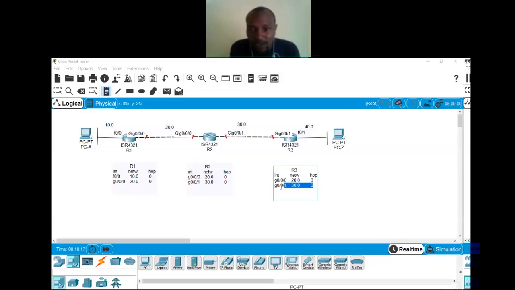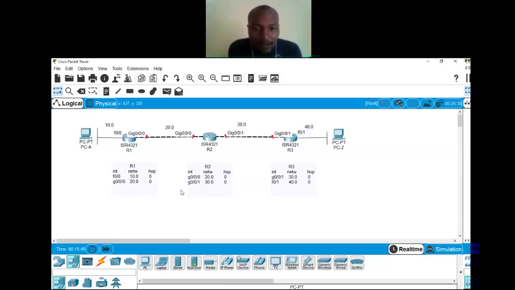The first information it has is the network 30.0. That 30.0 is directly connected under Gig 01. So it will have a hop count of 0. And then it also has network 40.0. But remember 40.0 is F01. So those are the networks under router 3.